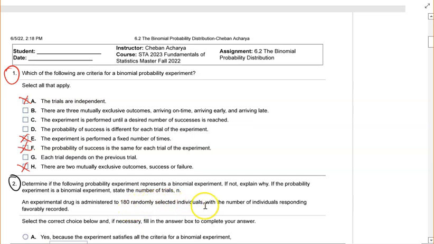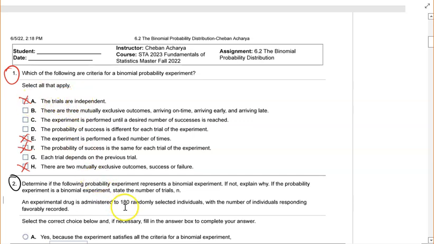And each person has different characteristics. Therefore, whenever you experiment on the first person, second person, these trials are independent, correct? Because whether the first person responds favorably or not doesn't affect whether the second person does. Okay, and therefore the trials are independent.